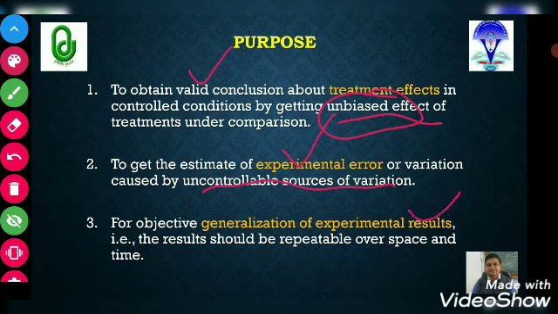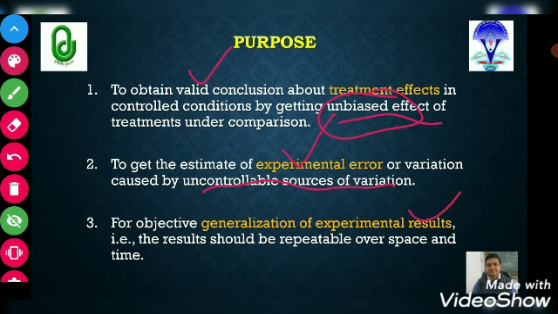So we have to plan our experiment in such a way that, suppose today at this place I conducted an experiment and got result X, and on the very next day somebody performs the experiment and gets result Y. Why should there be such a discrepancy?